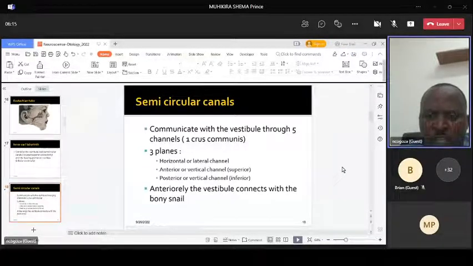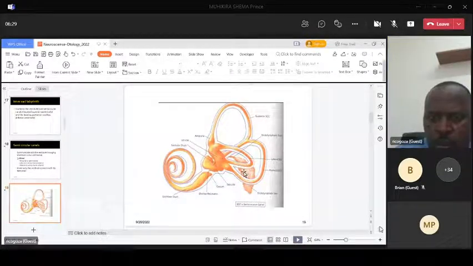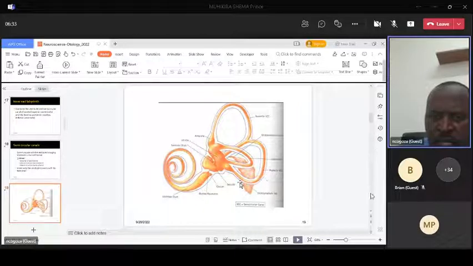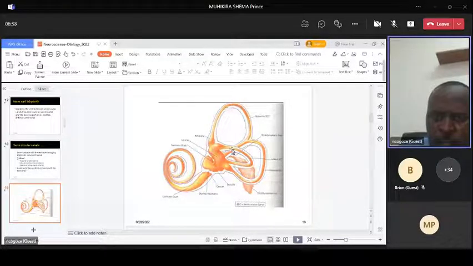And the vestibule is for positional movement. And you see we have the lateral semicircular canal, the posterior semicircular canal, and the superior semicircular canal.